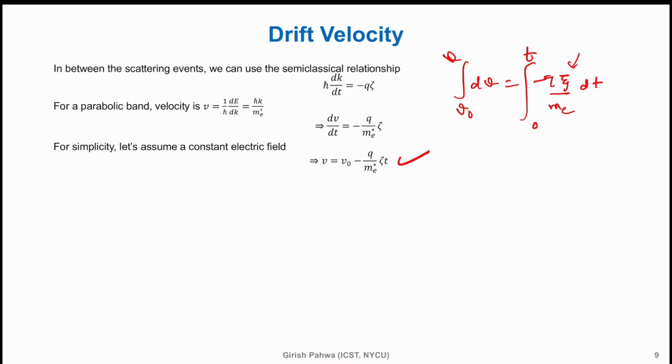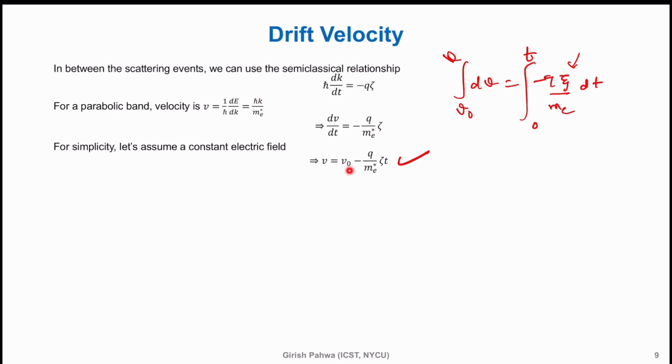But this is for one electron, and this is valid until there is no scattering event. Say the electron started with v naught just after the scattering event. So just after a scattering event, its velocity is v naught, and v naught is, by the way, random. After the scattering event, where will the electron be? I don't know. It can be in any direction, it can have any velocity.